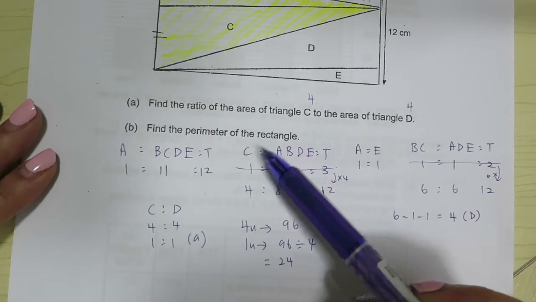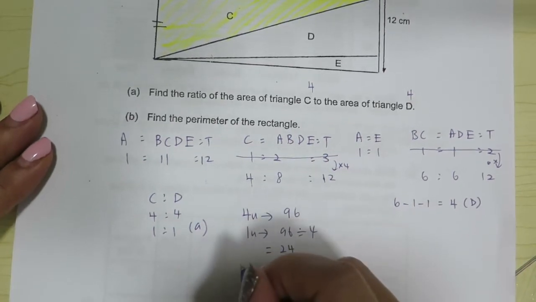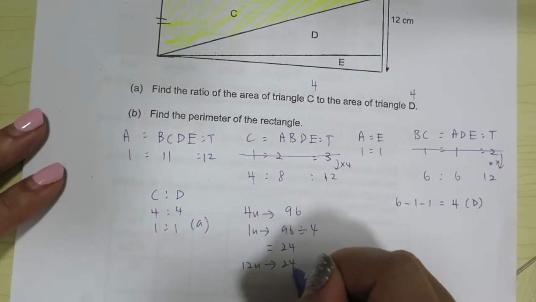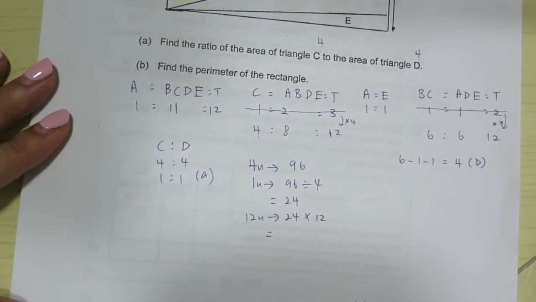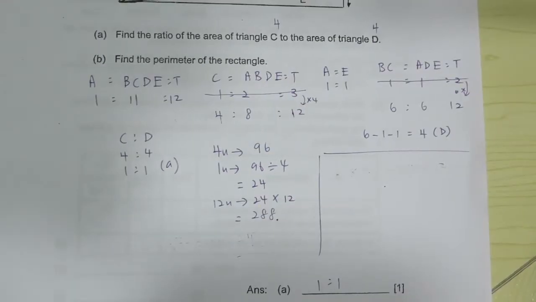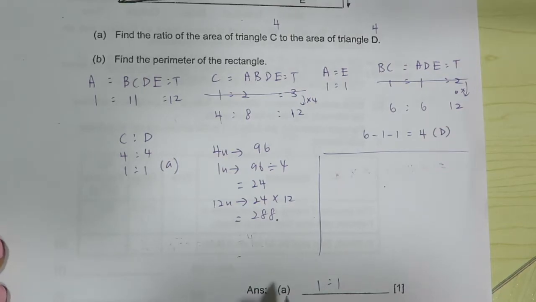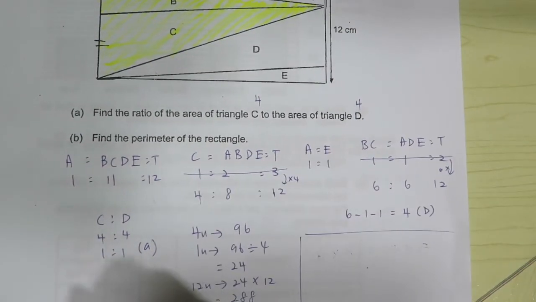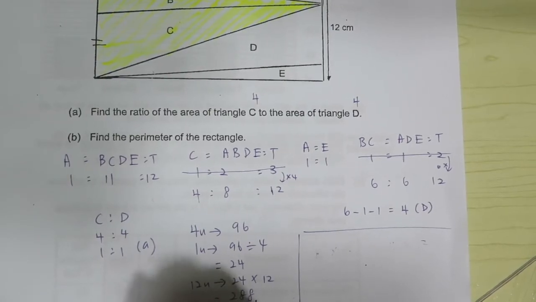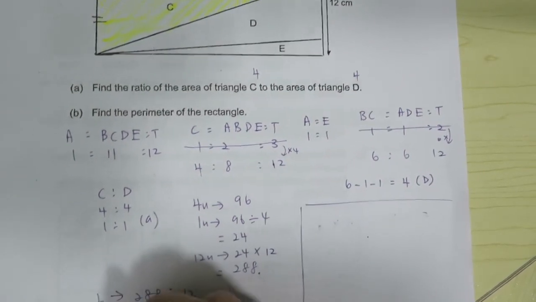The total area is 12 units, so the area of the rectangle is 288. We know the breadth is 12, so the length would be 288 divided by 12, which is 24.